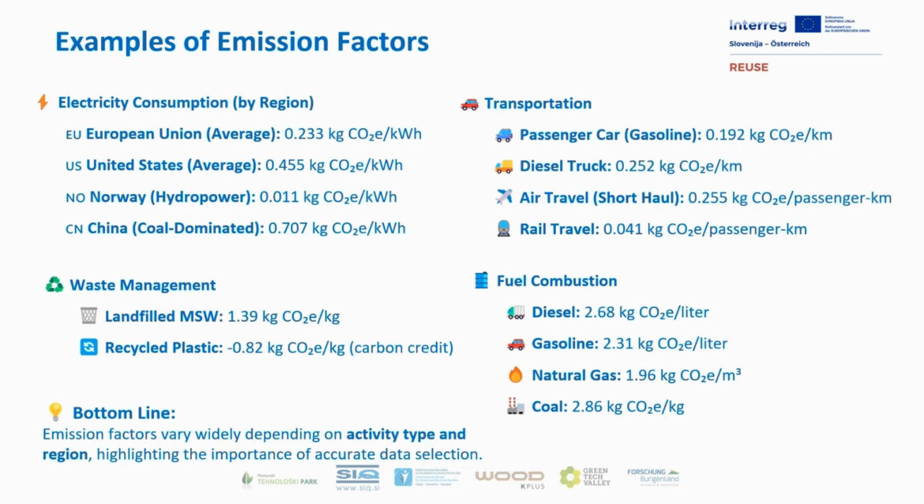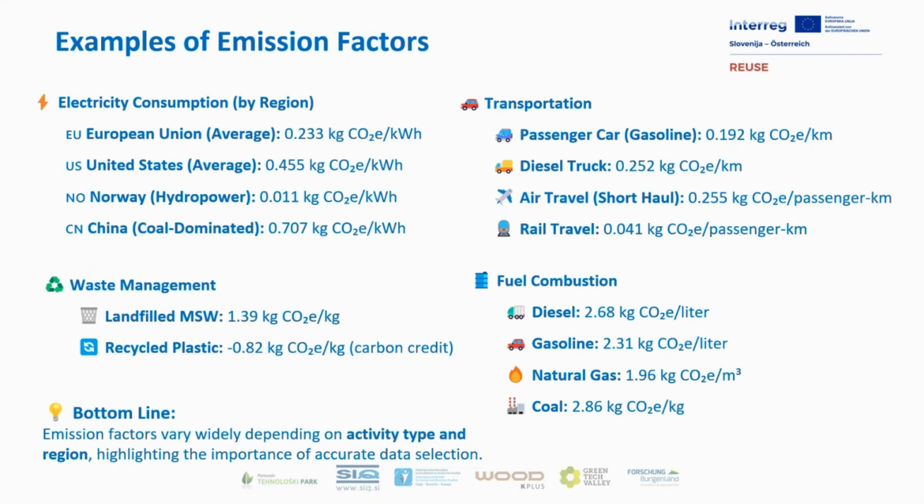Here, the emission factors can vary a lot, depending on how the electricity is produced. For example, in the European Union, the average emission factor is about 0.233 kilograms of CO2 per kilowatt hour. In the United States, it's higher, around 0.455 kilograms of CO2e per kilowatt hour, mostly due to fossil fuel use.